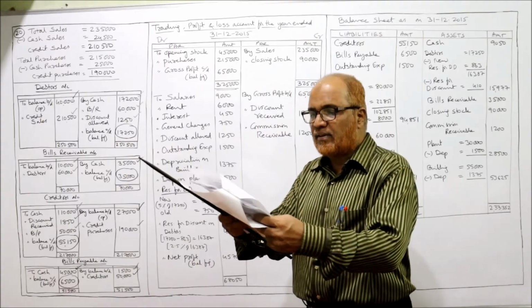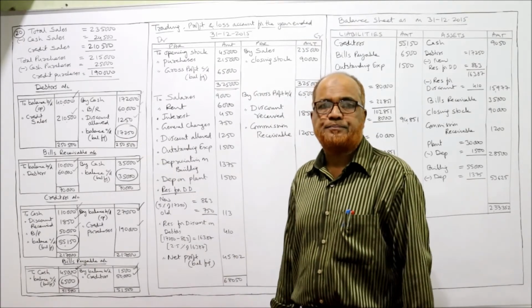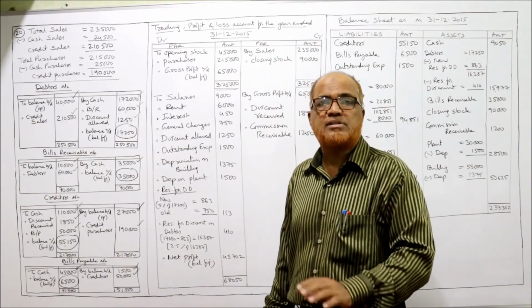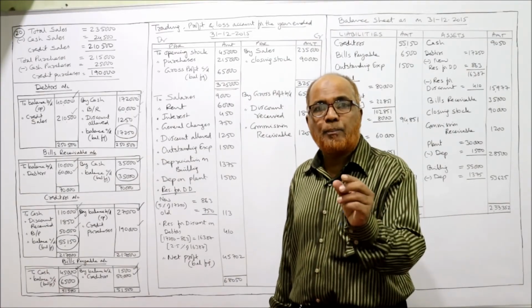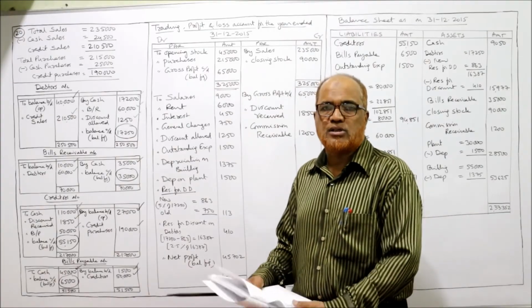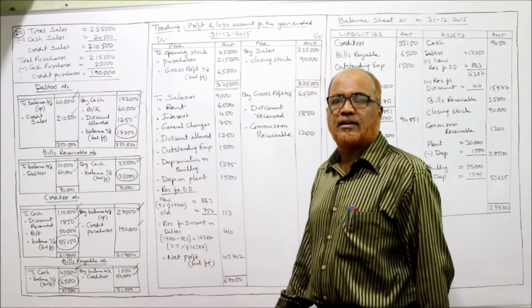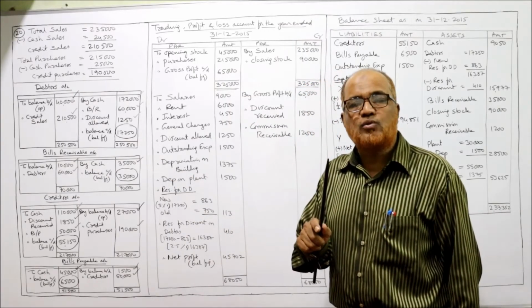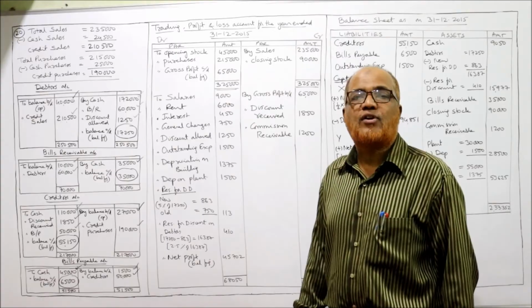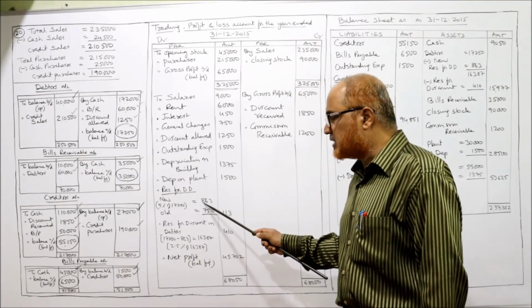The last line it is given 2.5% discount on debtors. Debtors may claim some discount. So we are making a provision for discount on debtors. 2.5%. First of all, how much are the debtors? 17,250 are the debtors. From 17,250, deduct the reserve for doubtful debts. New reserve for doubtful debts are 863.